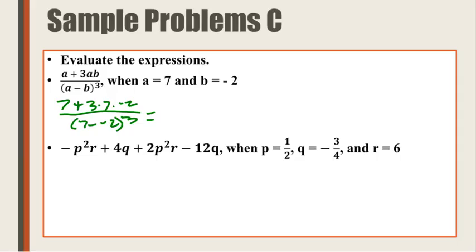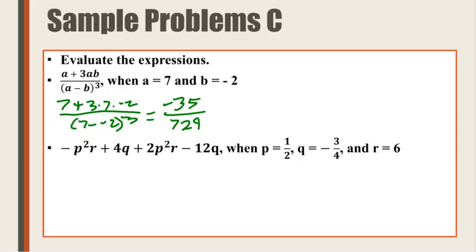Negative 42 plus 7 is negative 35. Divide that by 7 minus negative 2 is 9. 9 cubed is 729. And so that one, we cannot simplify that any further. So that would be our answer there.